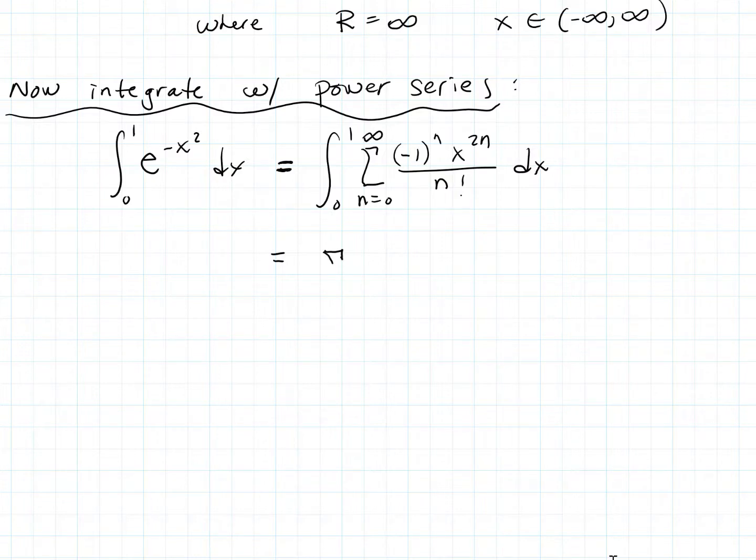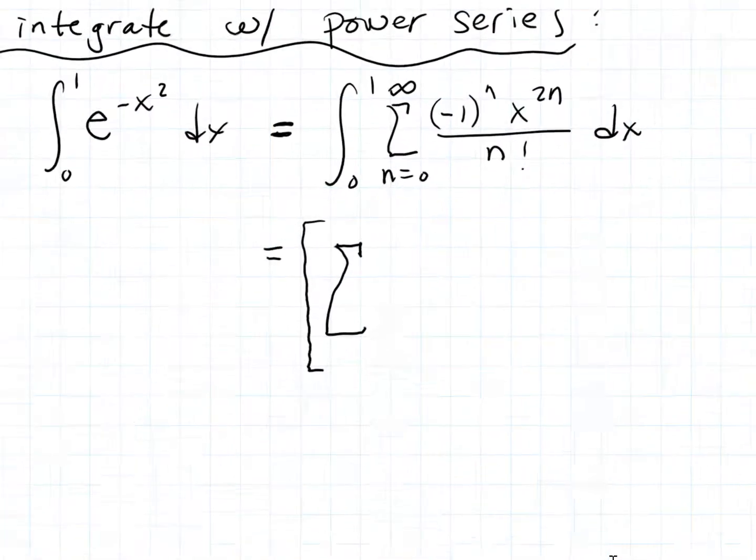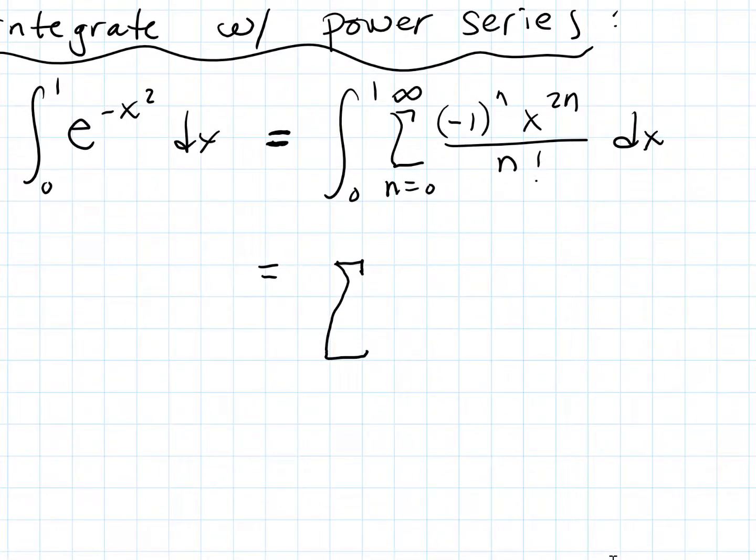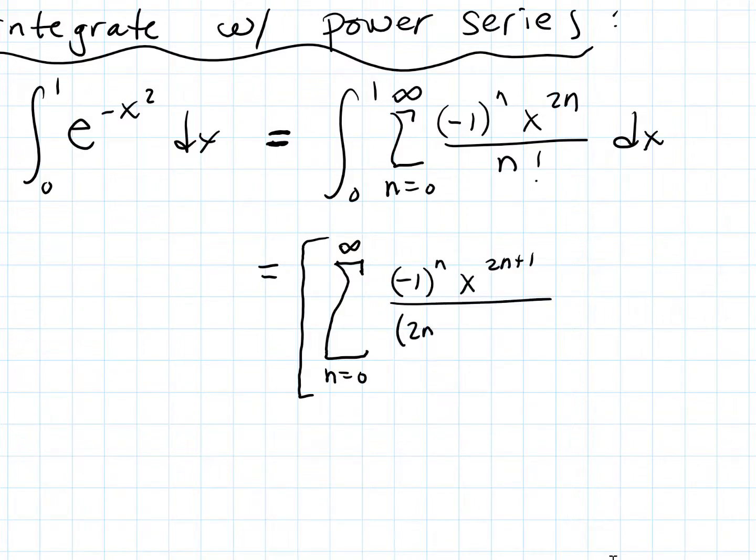I won't have an integration constant because this is a definite integral. Normally we would put the plus c out in the front, but we're going to be plugging in our values here. So we're going to get negative 1 to the n, x to the 2n plus 1 over 2n plus 1 times n factorial, evaluated from 0 to 1.